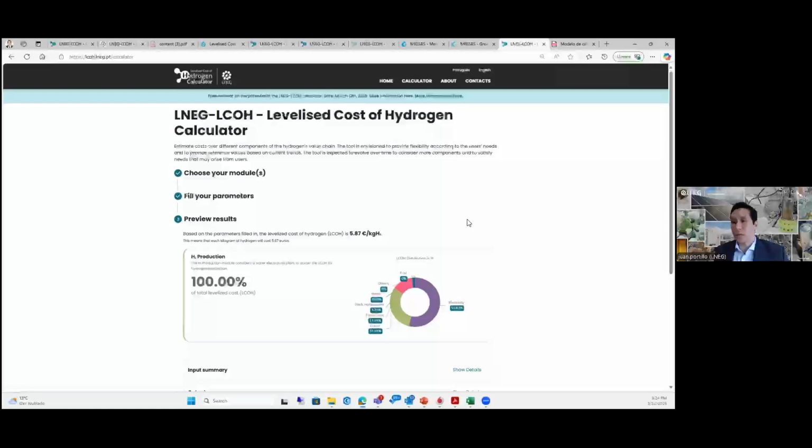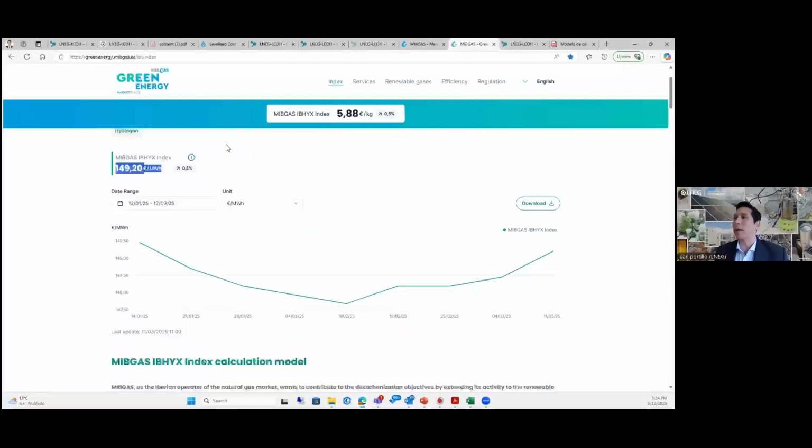I would like to take advantage of this time to highlight that the model that they use in the Iberian gas association, let's say, is a more complex model than the one that we are using, and they consider the free cash flows with debt payments over all the lifetime.